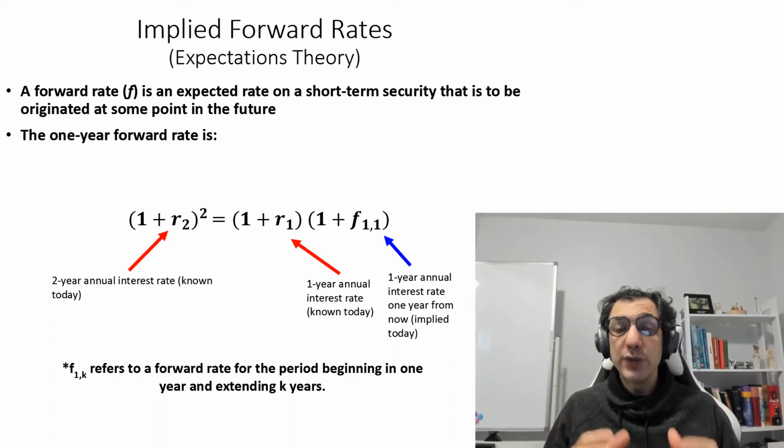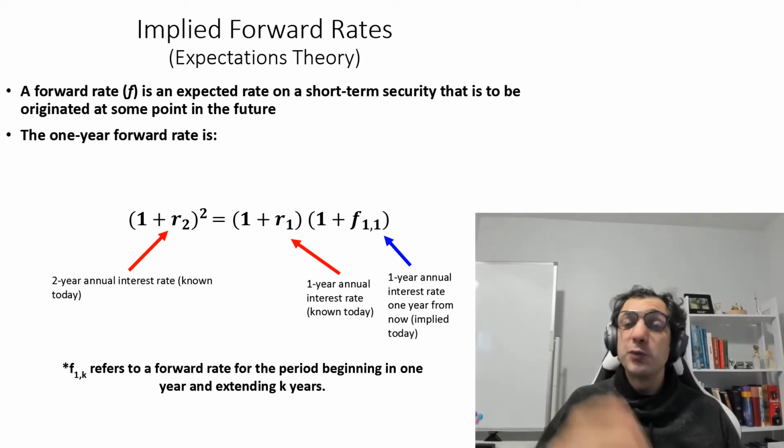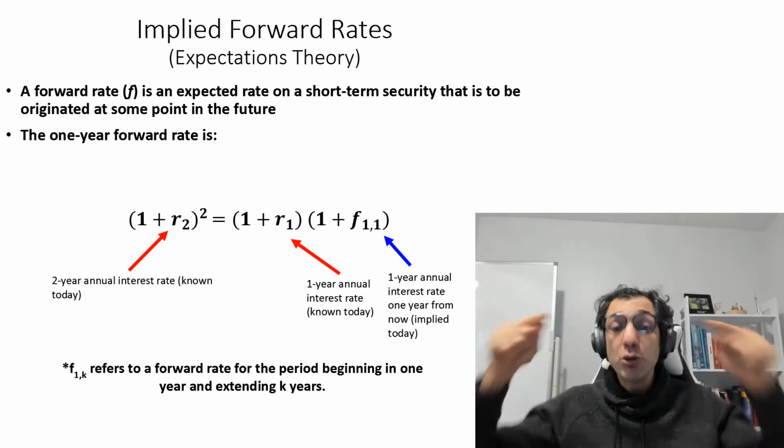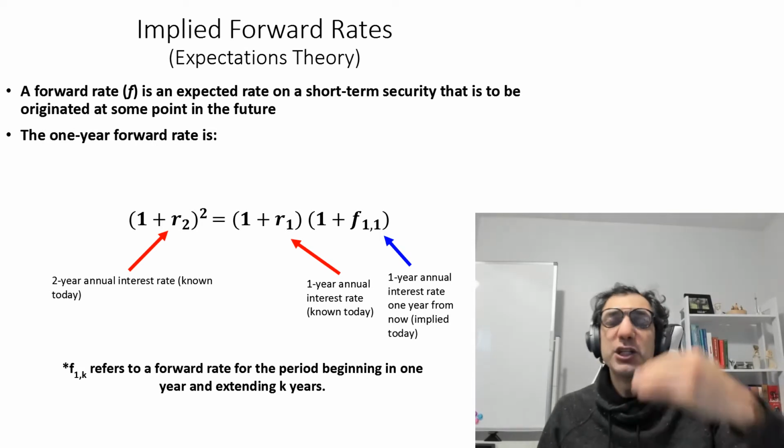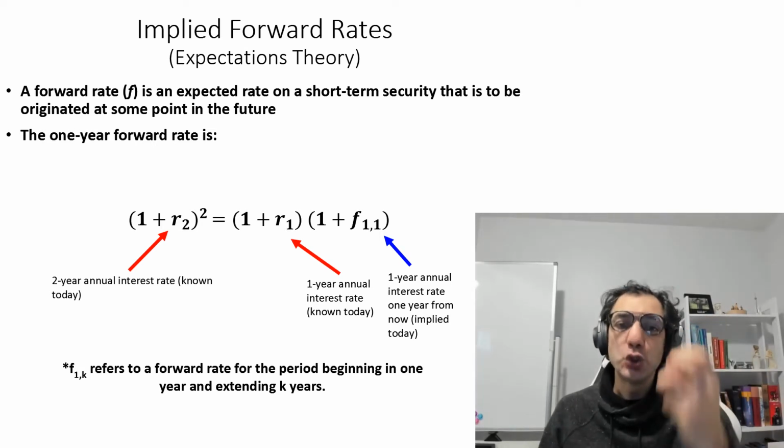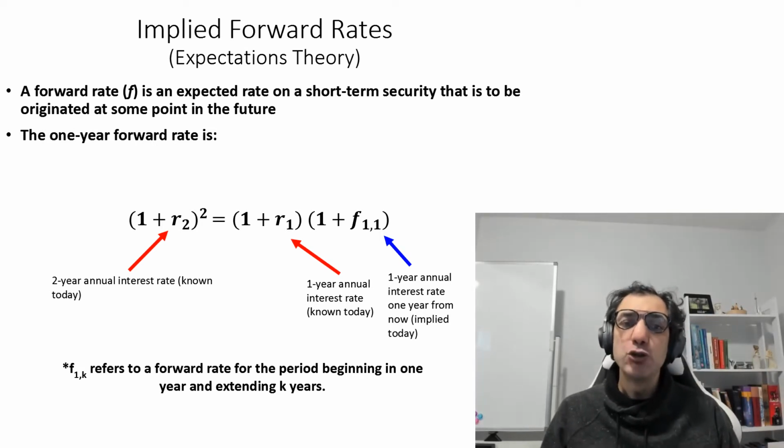Again, the forward rate is the rate which will be in the future, but you are going to determine the rate now. That's why we call that forward rate. So again, the forward rate is showing the expected rate on a short-term security that is to be originated at some point in the future, but you know that from now.